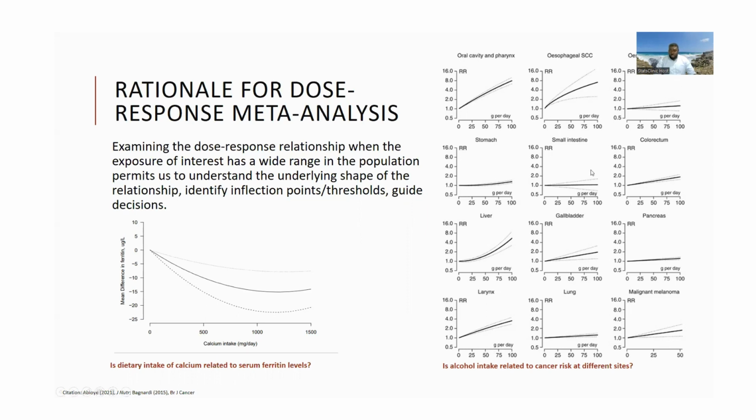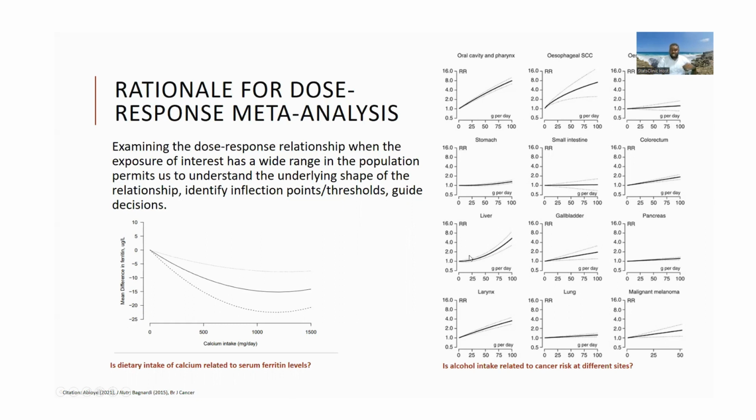What you quickly see is that the shapes of the relationship are all over the map. There are so many different kinds of shapes. You go from lungs, where there's hardly any impact of alcohol intake on lung cancer, to something like oral cavity and pharynx, where even as low as 25 grams per day of alcohol already doubles the risk of cancer in the oropharynx, right?